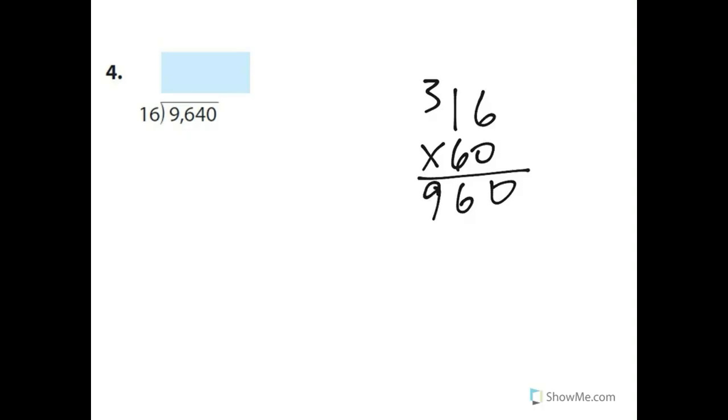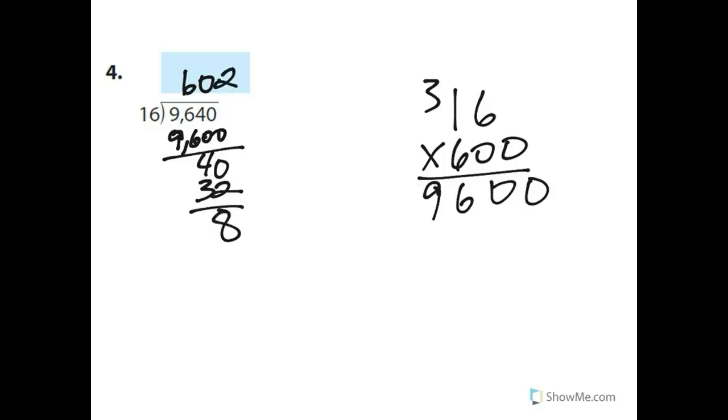Oh, maybe I do need to do it times 600, huh? 600, right? Because it would be 9,600. I shouldn't have done it times 60, but by 600, glad I caught myself there. So 9,600. Got 40 left, so we've got 600. It can't go in there 10 times, so no 10s. 3 is 48. 2 is 32. So 602, remainder 8.